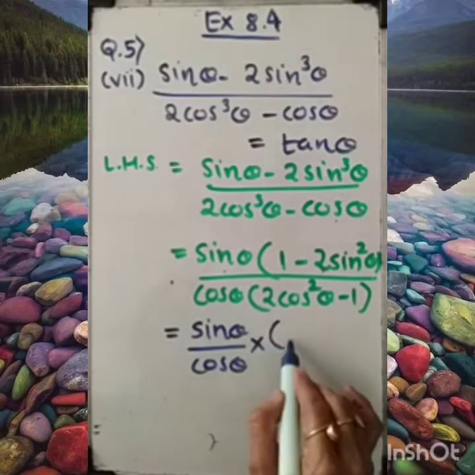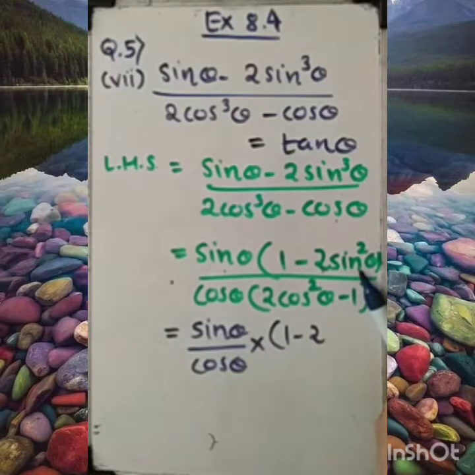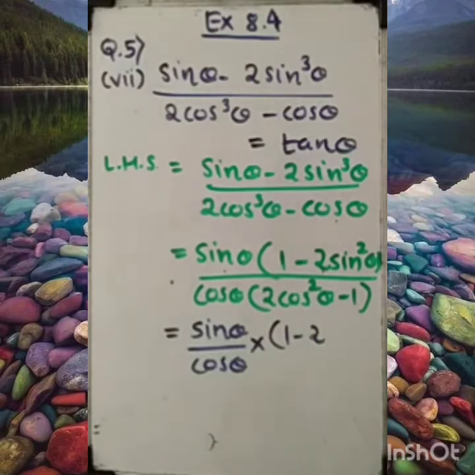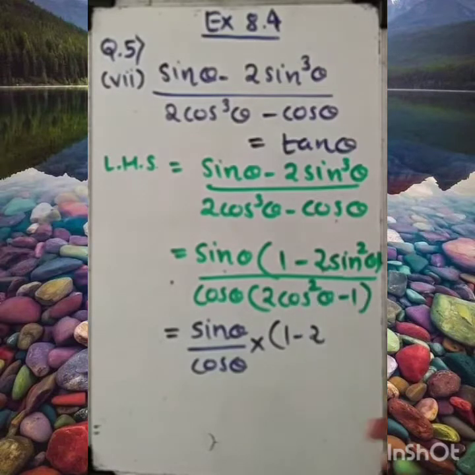Dear student, here there are two options. Either we can convert sin square theta into cos theta. If not, then we can convert cos theta into sin theta. Choose any one option. You need to convert sin into cos, or if not, then you can convert cos into sin.